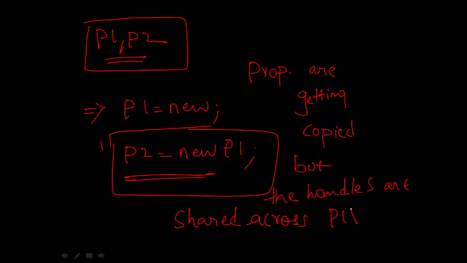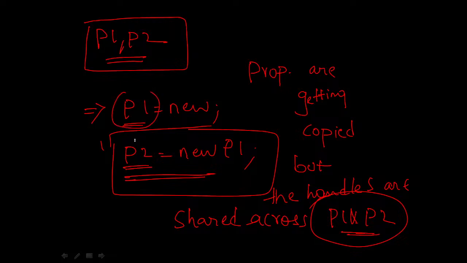The objects p1 and p2 were sharing the same handle in the case of shallow copy.